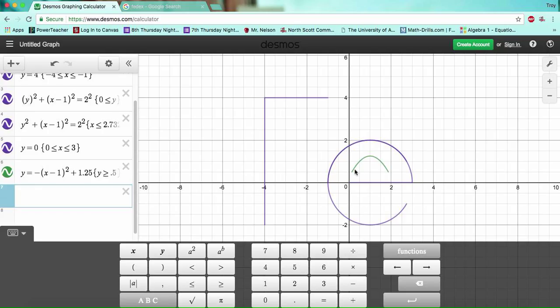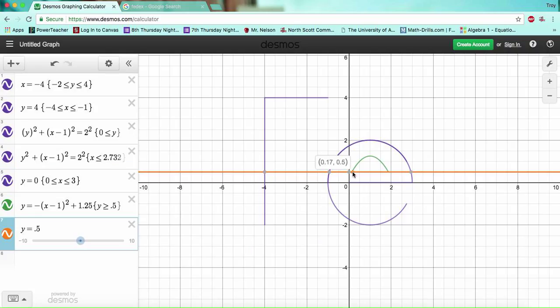So then to finish off this part of my E, I can make a horizontal line, which again is y equals, and this one is at 0.5. So now I've made my line through there.